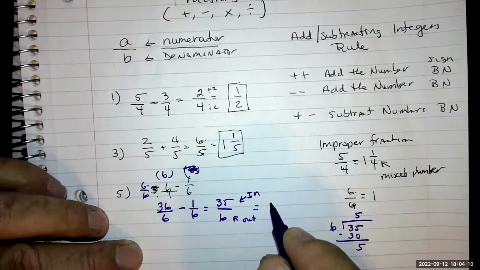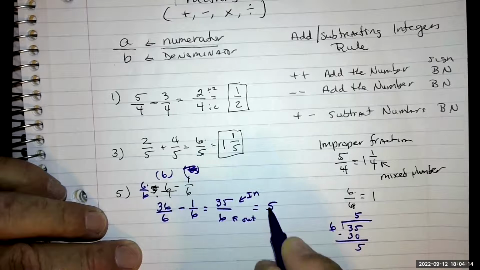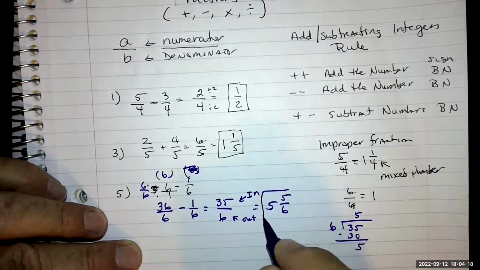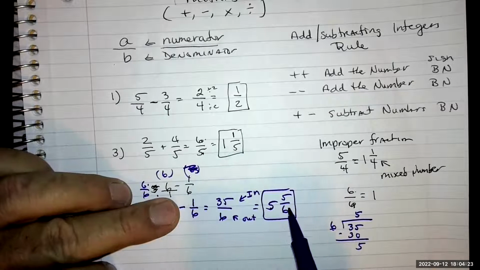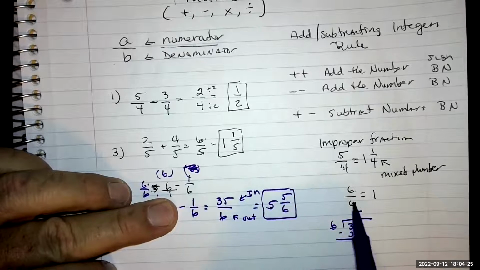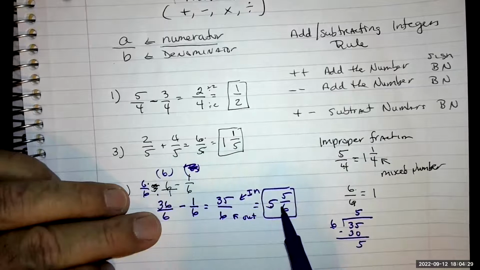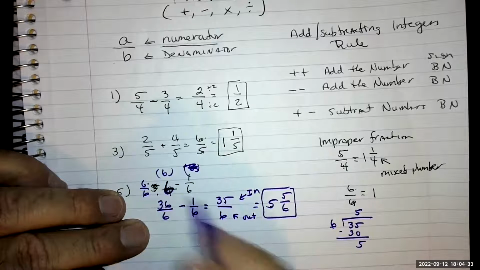So my answer is 5, because 6 times 5 is 30, and if I subtract 30 from 35, I have 5/6 left over. Now if you take 1/6 and add it to 5/6, you get one whole, because you have 6 over 6. Add that 1 to the 5 and you would get 6. So remember, this is really 6.